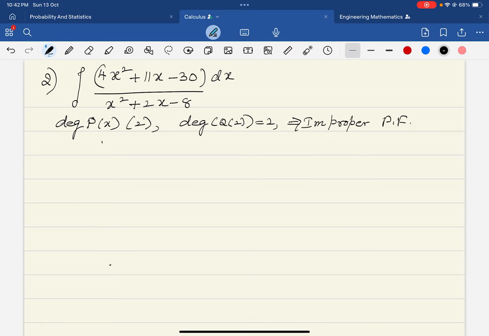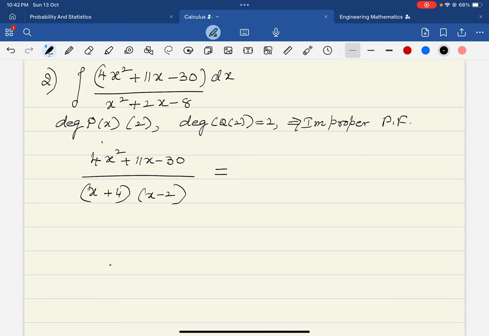Now, what do we do? We find out the factors of this. So, let us rewrite this. 4x square plus 11x minus 30 can be factorized as x plus 4 times of x minus 2. So this is what the factors are. Before writing this, we will divide the equation.